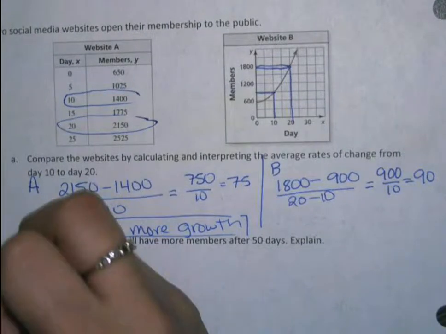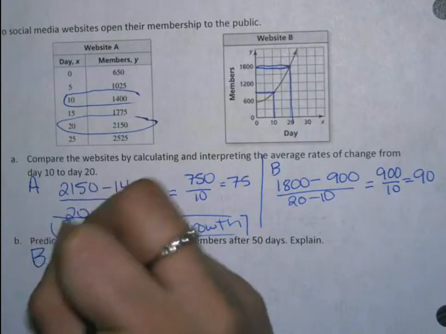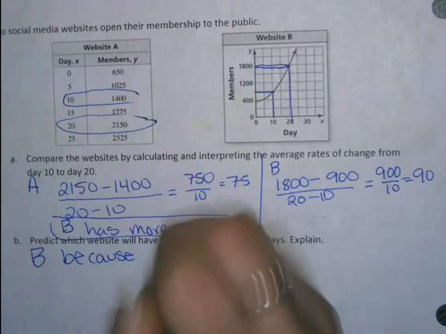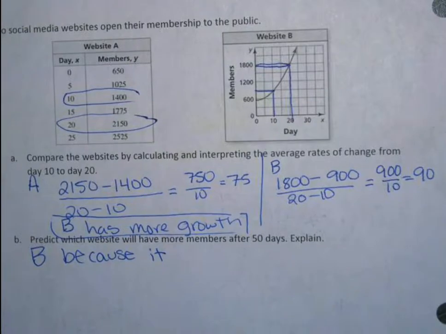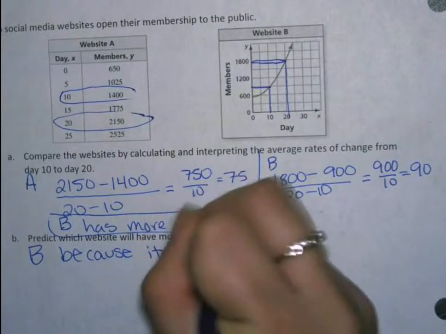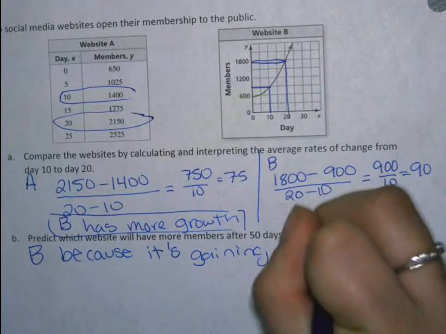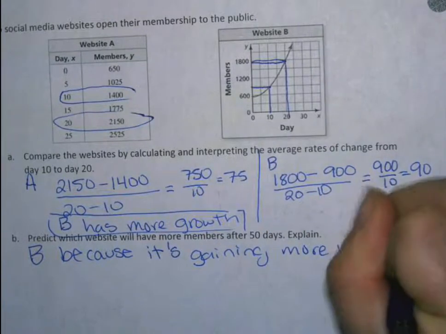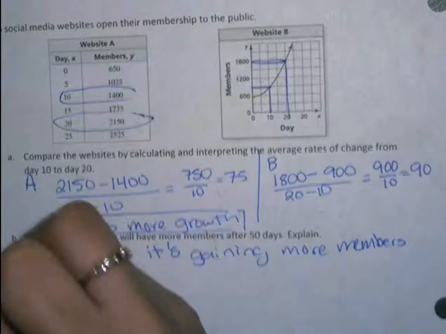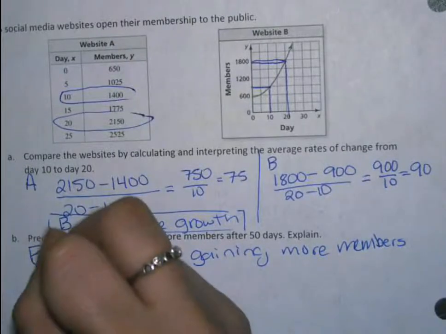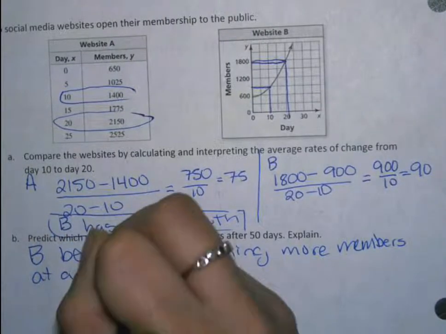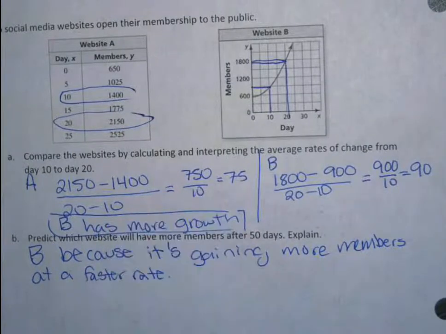So B, because it's gaining more members at a faster rate. Okay. Questions here?